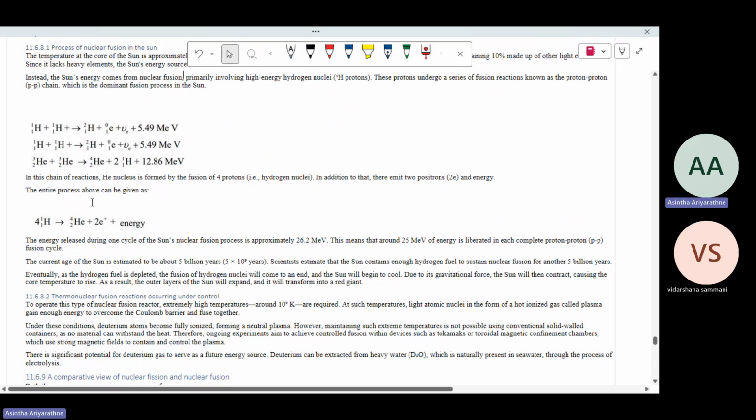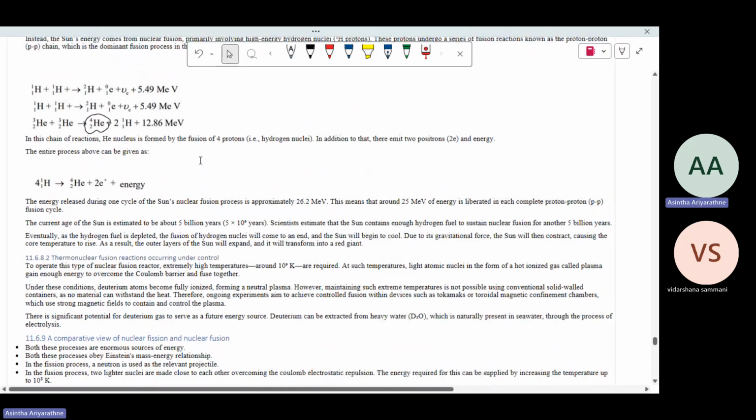And by combining these, finally helium is produced. By combining hydrogen atoms, helium is produced. So this is the nuclear fusion process that happens in the sun.